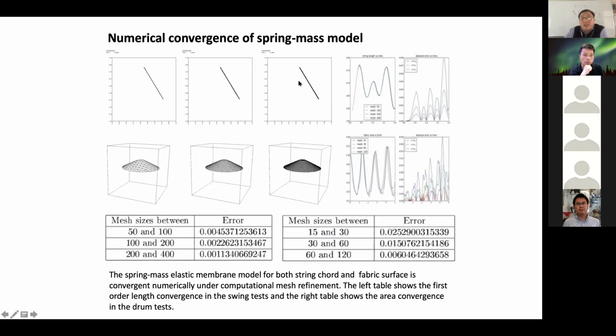Each time we shrink the grid size by half, and you see that they have pretty good convergence here. However, numerically, the convergence is only of first order. We haven't been able to achieve second order yet.